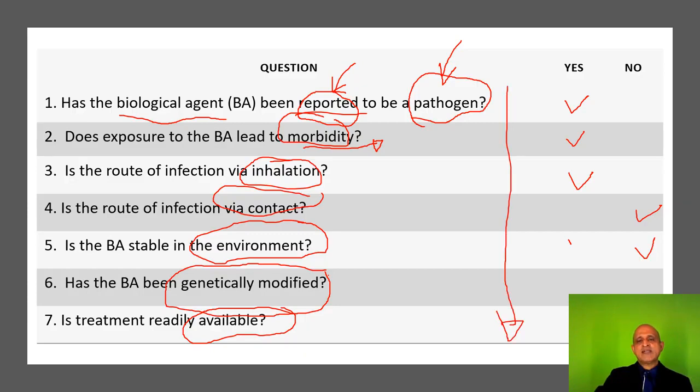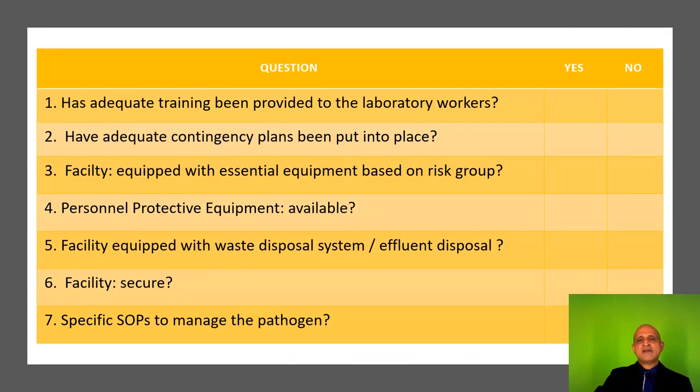We now move on to the next instrument, and this must be discussed with your principal investigators and researchers at your laboratory. So the first one is basically related to training. Has adequate training been provided? The terminology used here is adequate or sufficient.